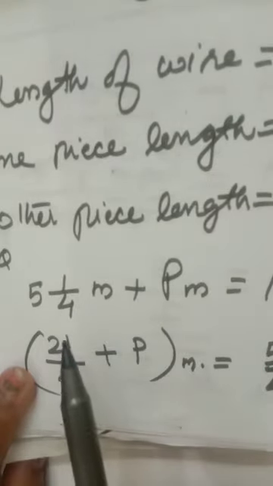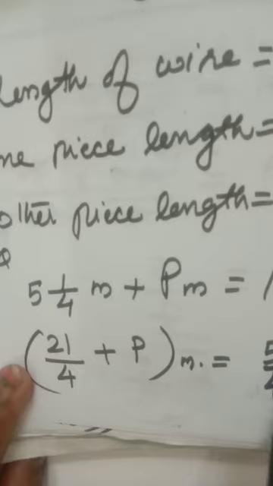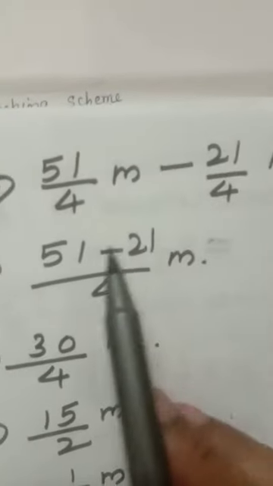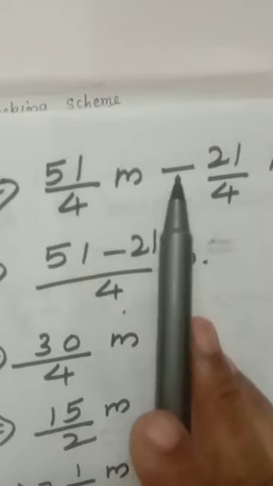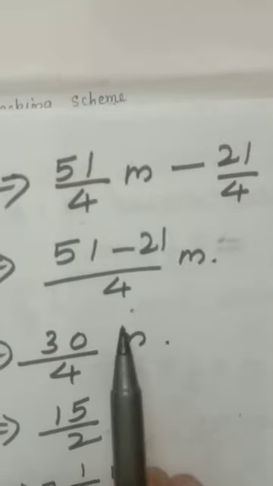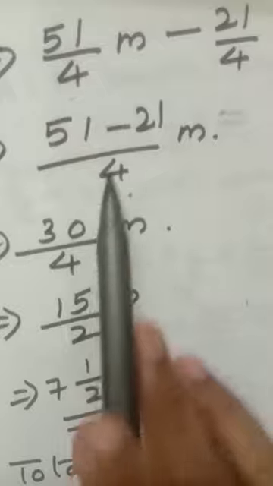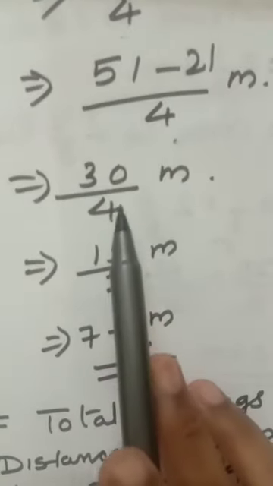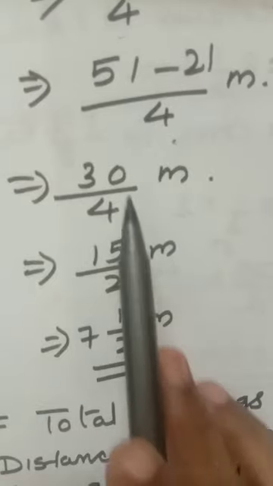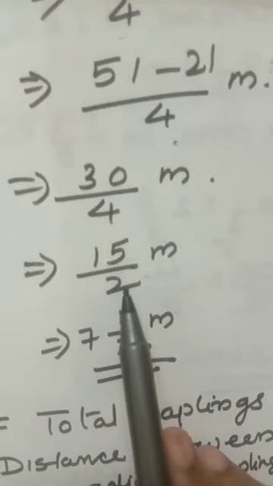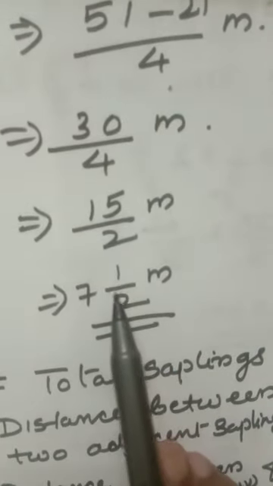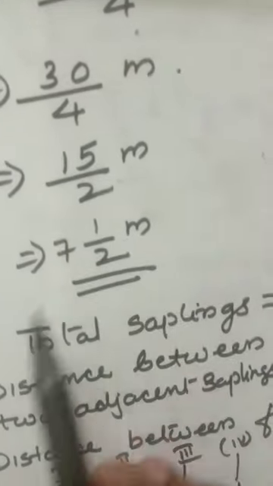Make it an improper fraction. 21/4 it will be subtracted here. See, denominators are same, straight away you can subtract the numerators. Improper fraction, cut it in two tables. 2 fours are 8, 2 15s are 30, and divide it, you will get 7 and 1/2 meter.